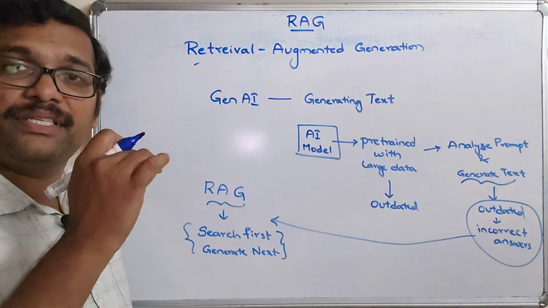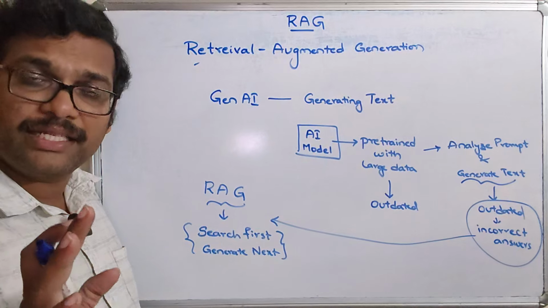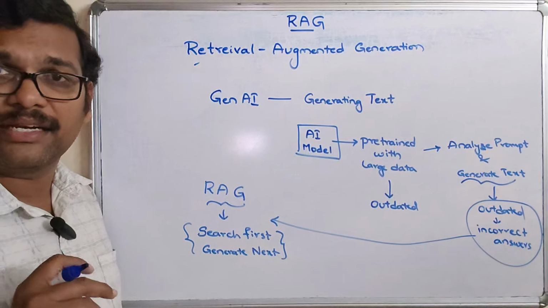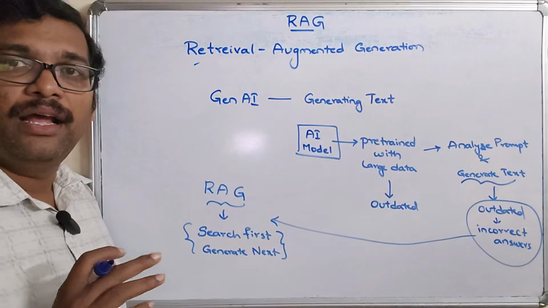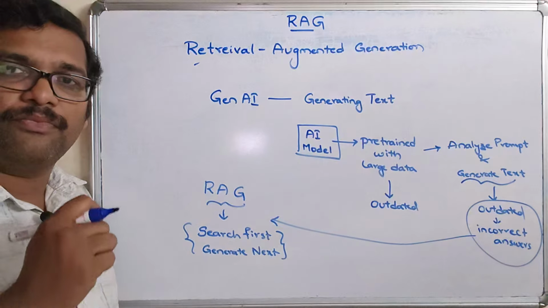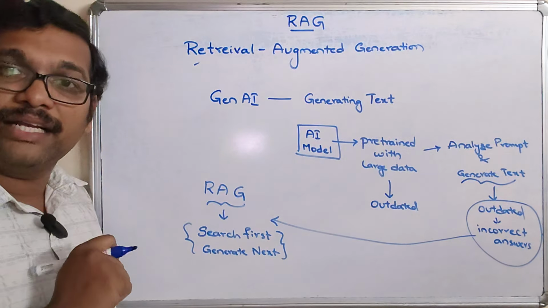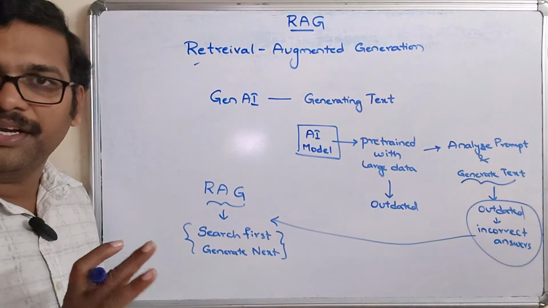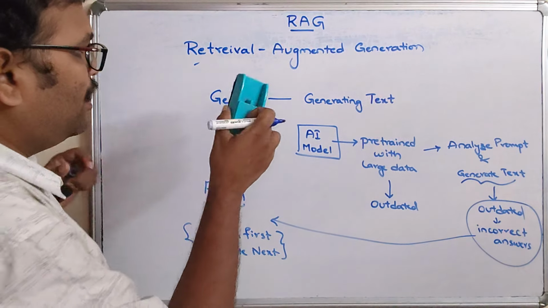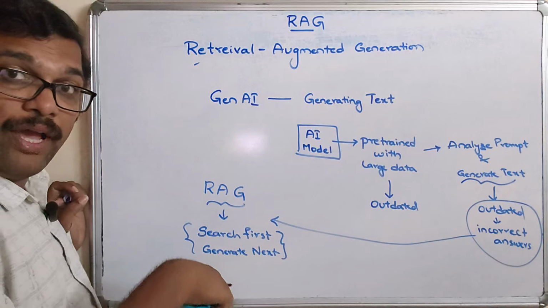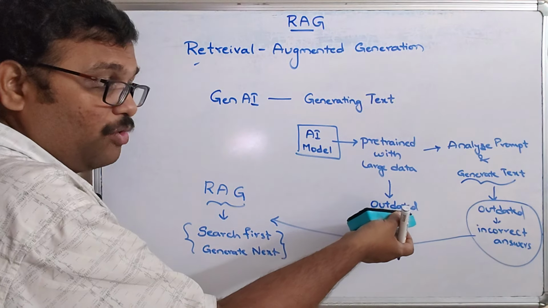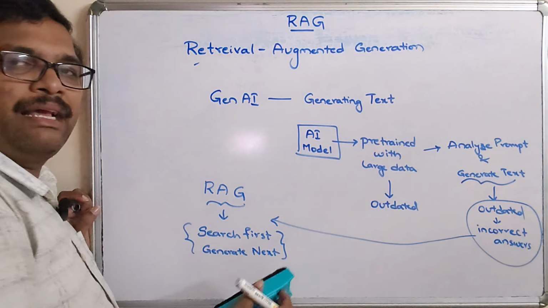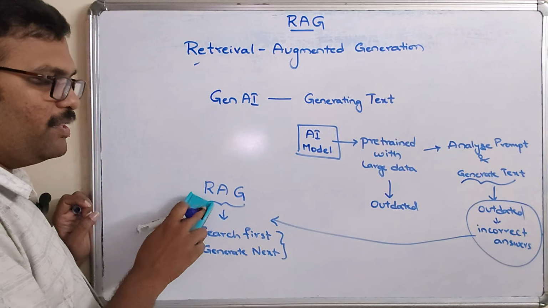First it will search from large external sources like PDFs or databases or websites, and from that information it will generate the text. So the complete information will be updated, not outdated. Hope you understood why we are using this. The pre-trained data is sometimes outdated, and if the data is outdated, we may get an incorrect answer. So we are going with the RAG.